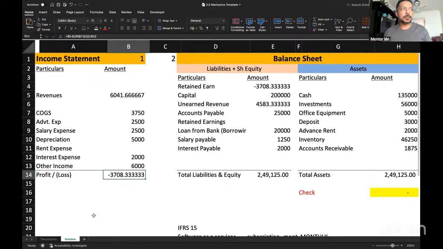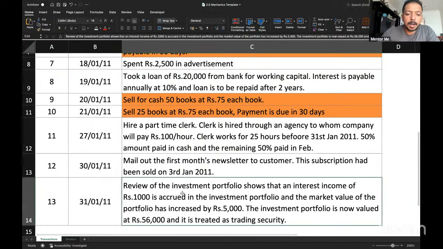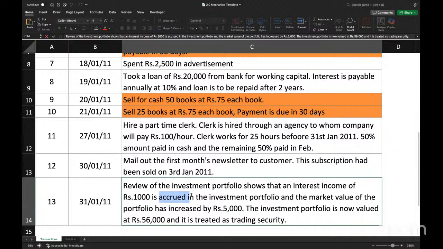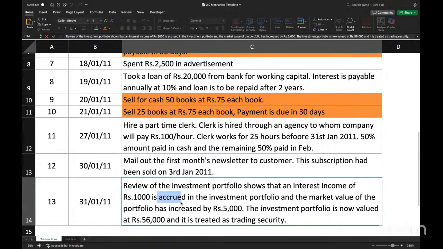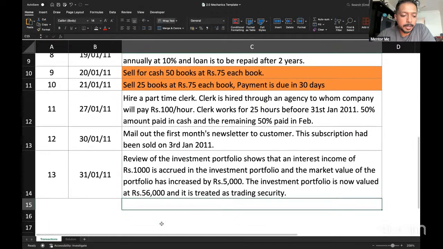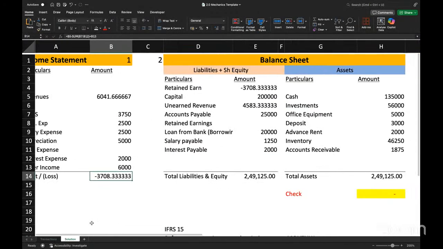Usually you would prefer that so that you don't get taxed for that. This term accrual is confusing. This accrued is not the accrued we talk about in accrual accounting. Accrual accounting is different from cash accounting, so don't get confused. This is just a normal English term saying that it is accrued, collected in the bank account on the investment portfolio. You don't have to worry about anything beyond that. Okay, that makes sense.